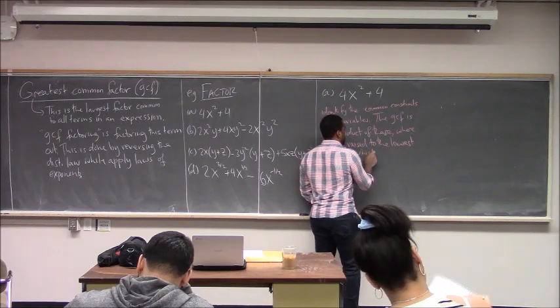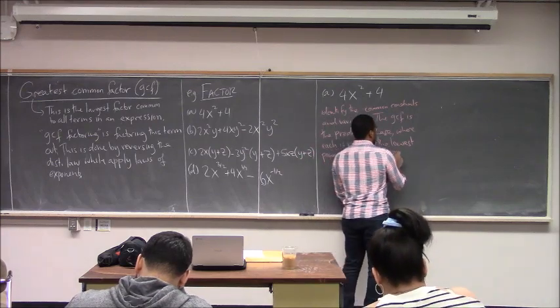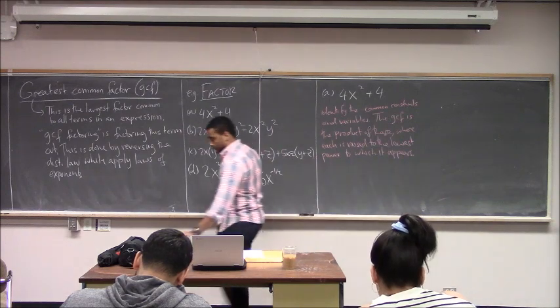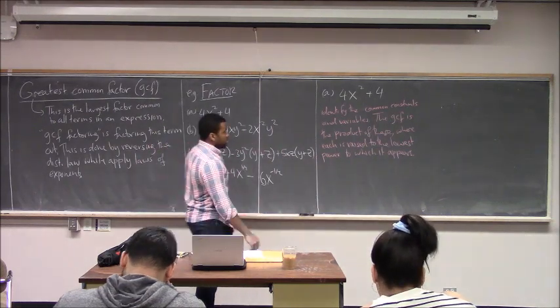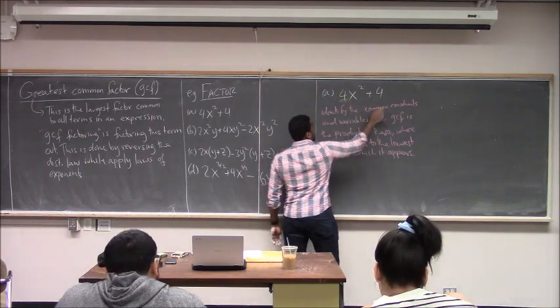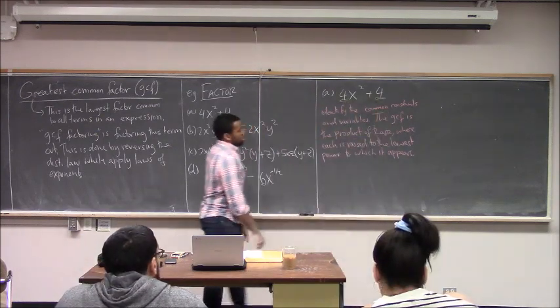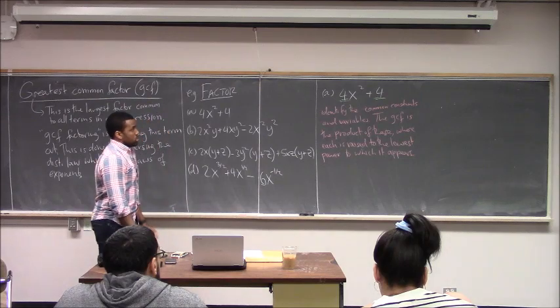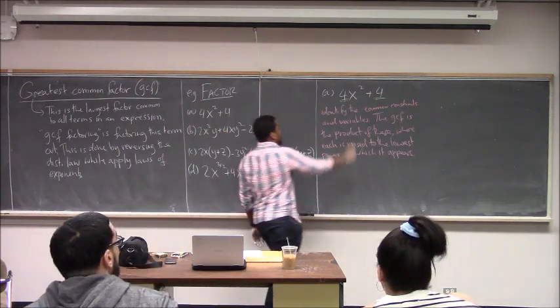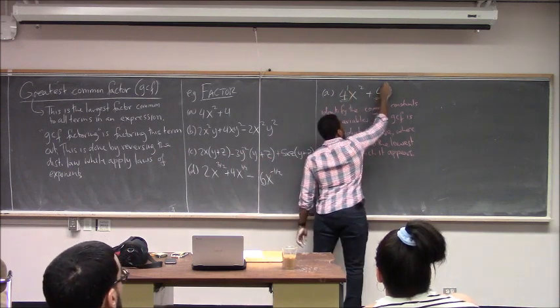Okay, so basically, I try to identify all the constants or the variables that are in everyone. In this case, you realize that x is in both terms here, so that by definition is a GCF. You will also notice that this is x to the first power and x to the first power.